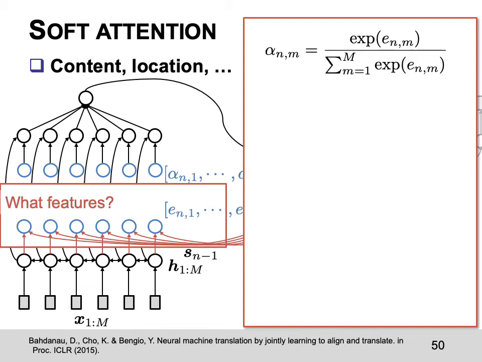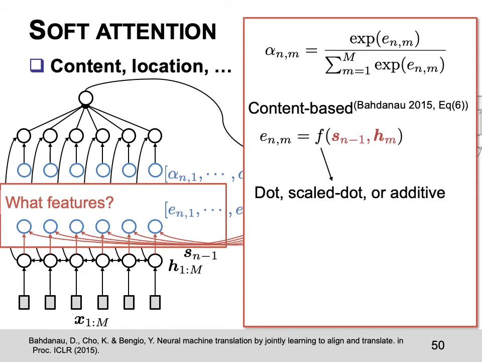The question is what kind of features we can use to compute the output alignment. In the previous slide, I explained the dot, scaled dot, and additive attention using examples where we use the decoder state and the content vector h to compute alignment. For these types of methods, we call them content-based attention because they are using the content vector. However, this is not the only way to compute the alignment.